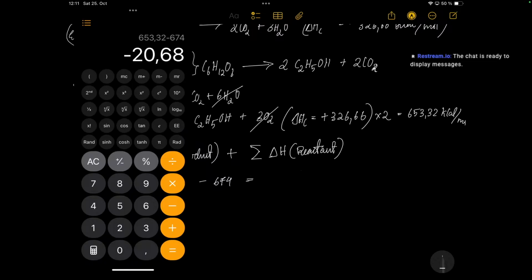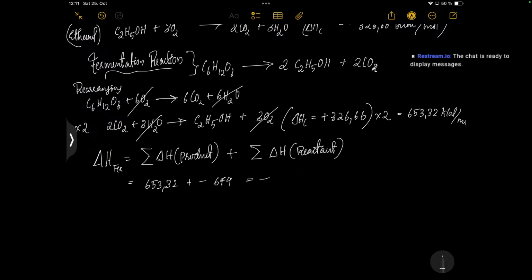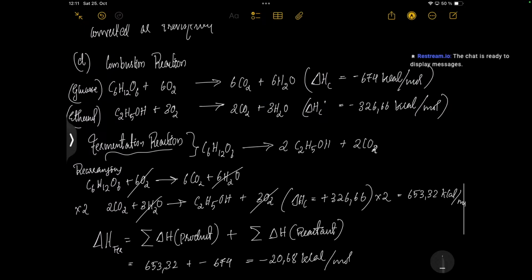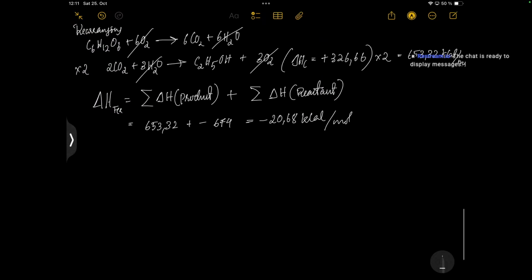Minus 20.68 kilocalories per mole, right? Yep. Now converting that to joules.